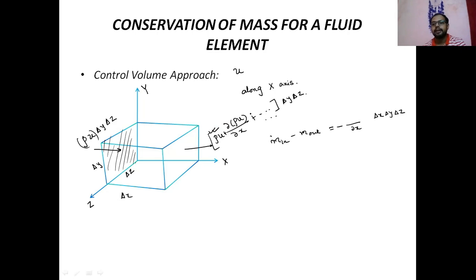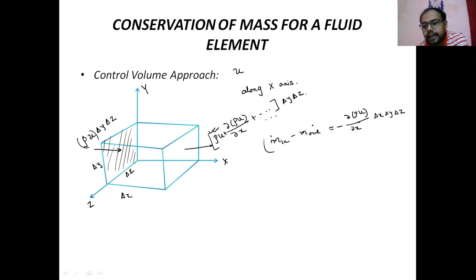It is a spatial variation. It may be a time variation. So that is a general case. So in such a case, if you do mass in minus mass out, it comes in this way: rho u, along the x-axis.